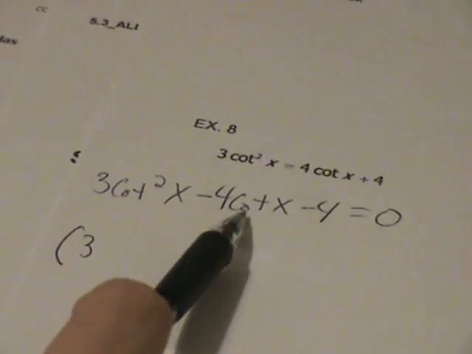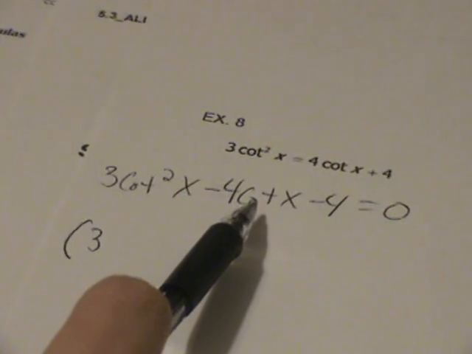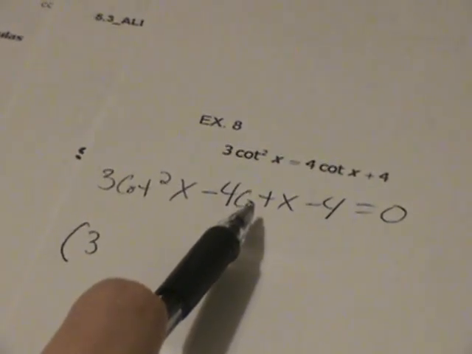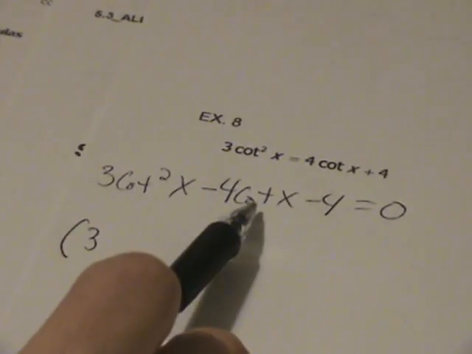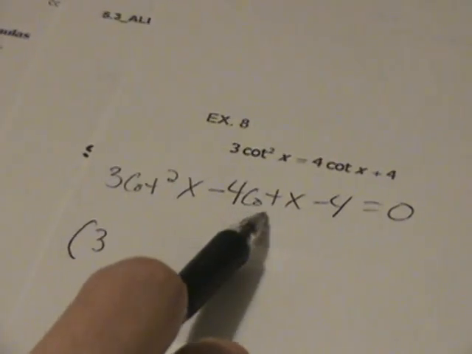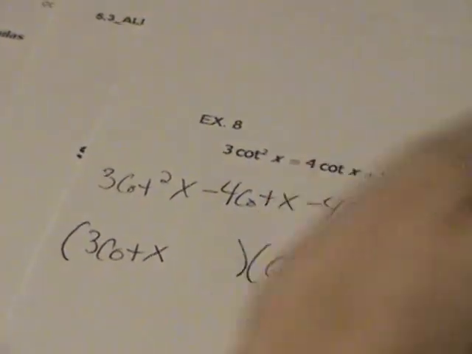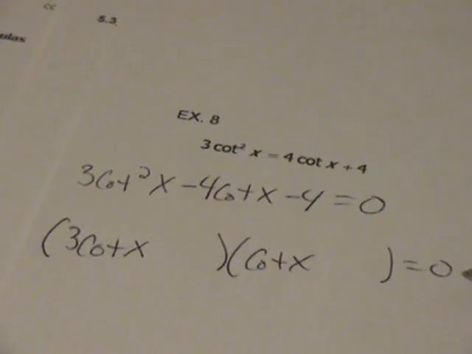Remember, it's whatever's here. We factored like this in our log and exponential chapter. We had e squared and an e, e to the 2x and an e to the x. So whatever you have here, that's your singular term that's going to go here. So 3 cotangent and just a cotangent. Got to put your equals 0.